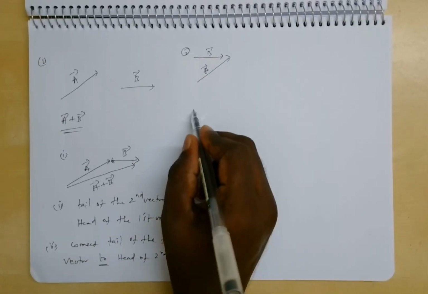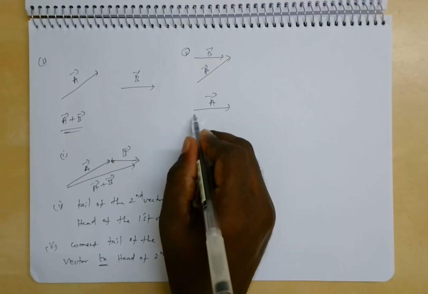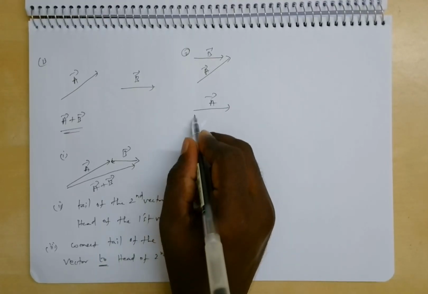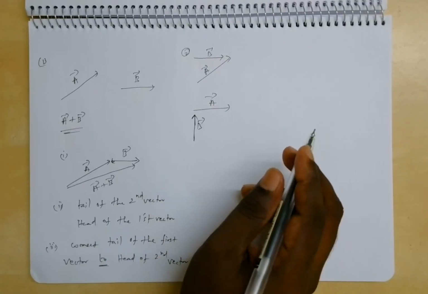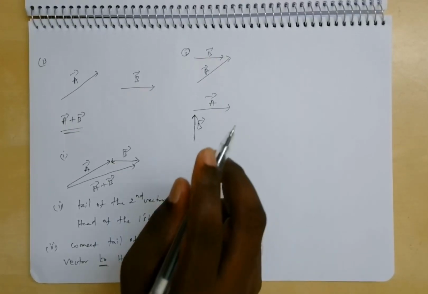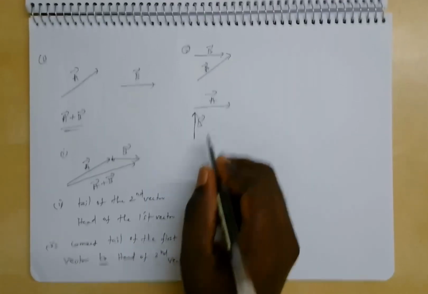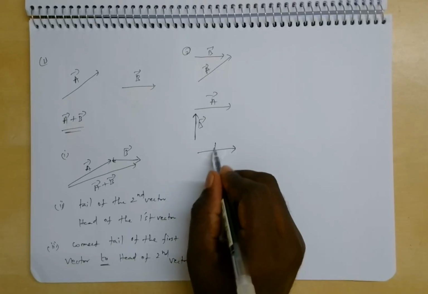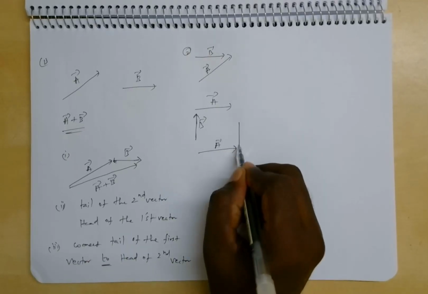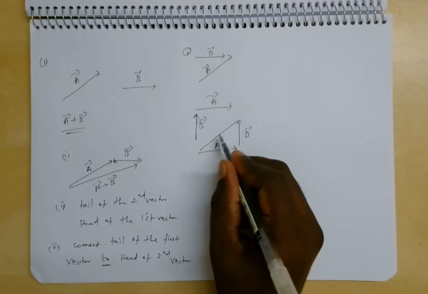Now we will do one more vector. Here is A vector. Here is B vector. Find A plus B. So this will be A plus B vector.